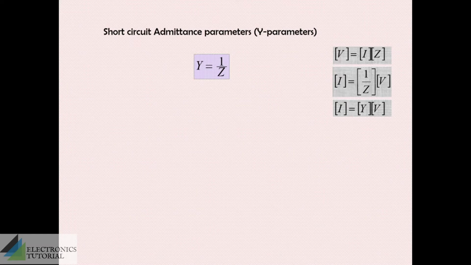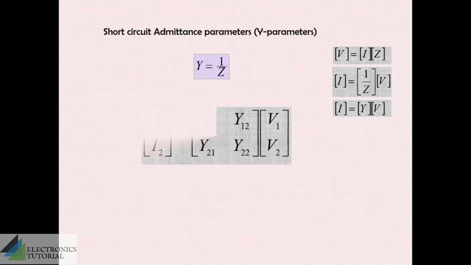Let's have a look at how it will appear in the two-port network. Instead of I, we can term it as I1 and I2, as it is a two-port network, and instead of V, we are terming V1 and V2. For Y, we are expanding the terms as Y11, Y12, Y21 and Y22.